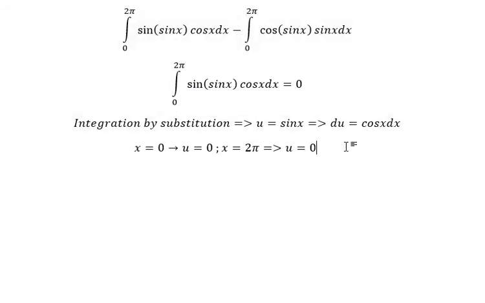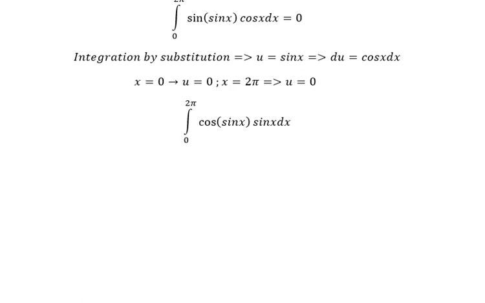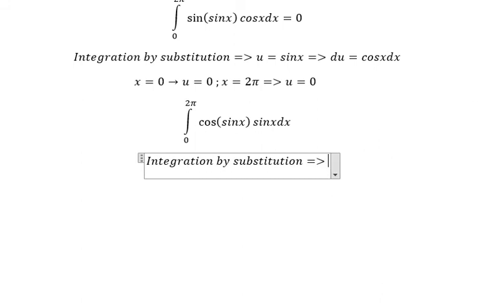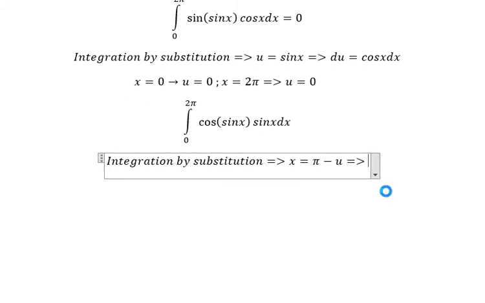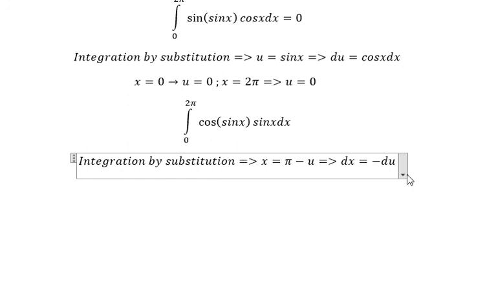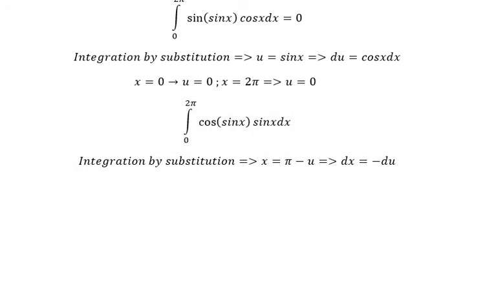The second one, we can use integration by substitution. So here we put x equal to π minus u. So we get dx equal to negative du. If x equals 0, then u should be equal to π.